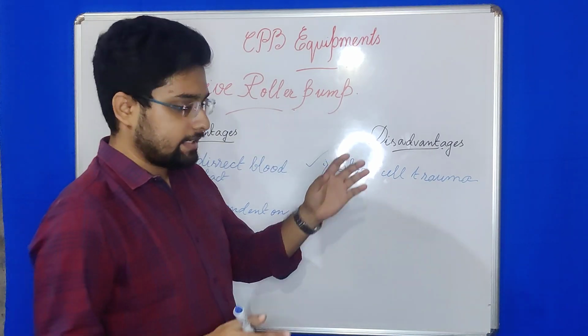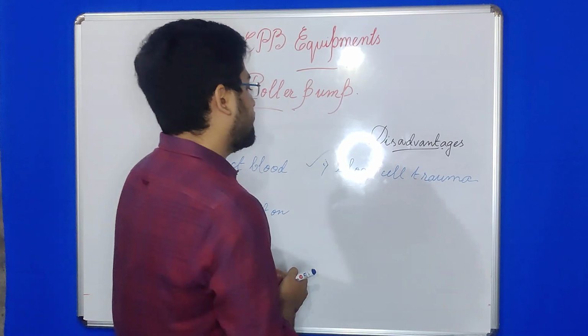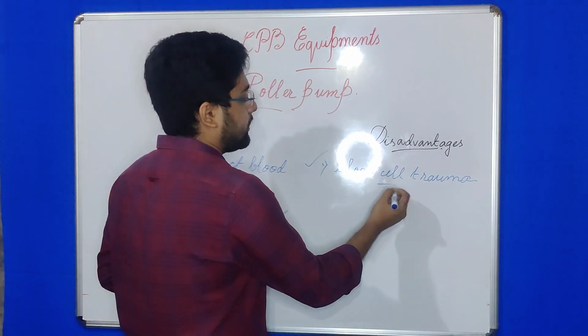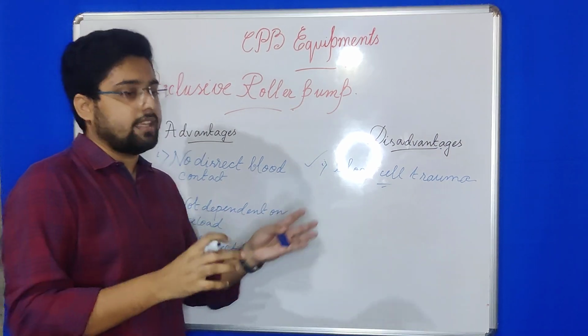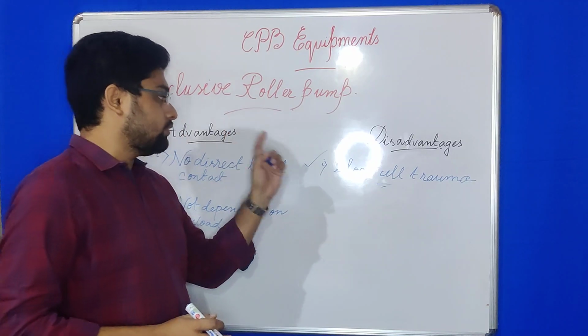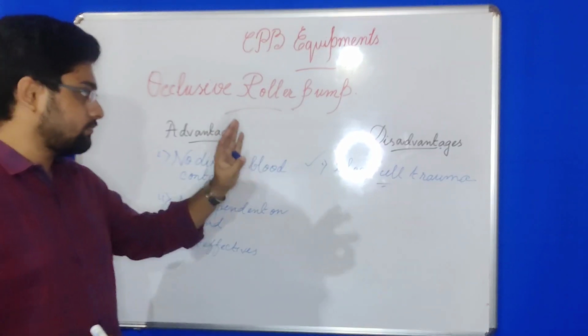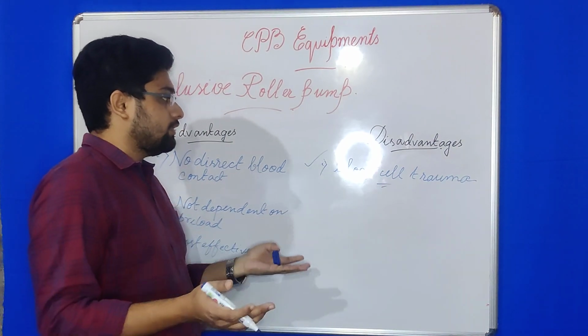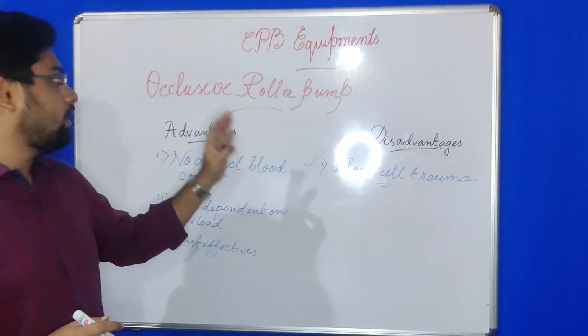The pressure it exerts on the blood causes trauma to our blood cells and RBCs, which causes hemolysis, that is lysis of RBCs. So this is the most important disadvantage of the roller pump.